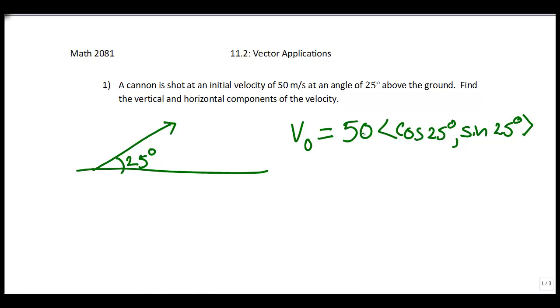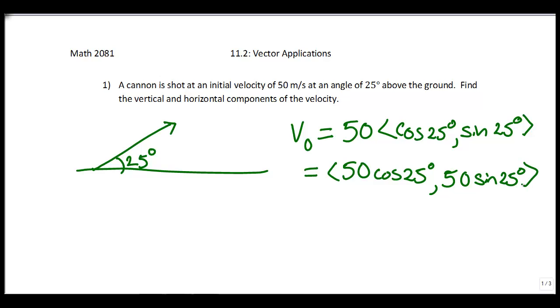The 50 will multiply through, and we're going to get a vector of 50 cosine 25 degrees, and then 50 sine 25 degrees. This 50 cosine 25 degrees is the horizontal component of the velocity. The 50 sine 25 degrees is the vertical component.